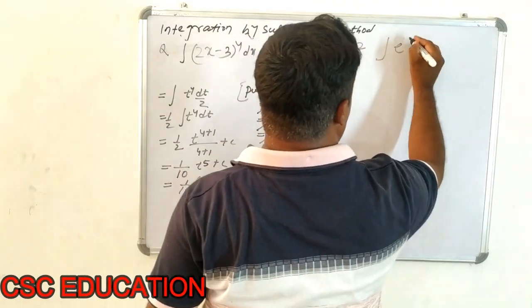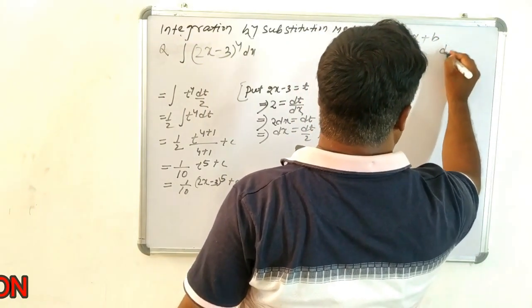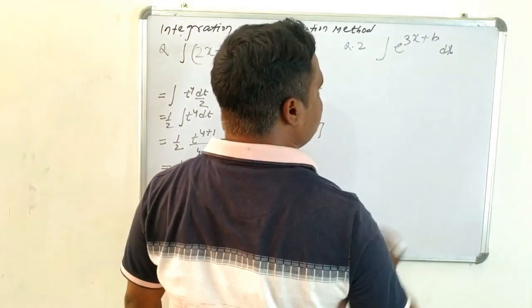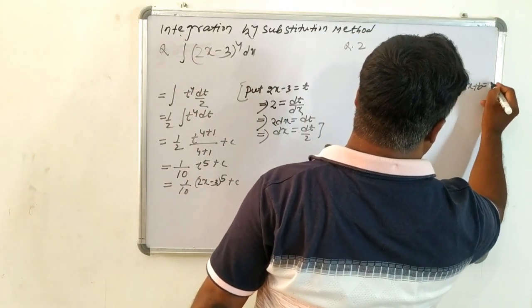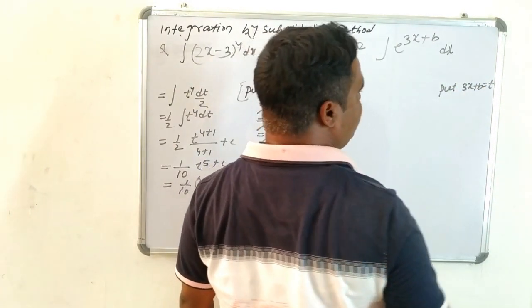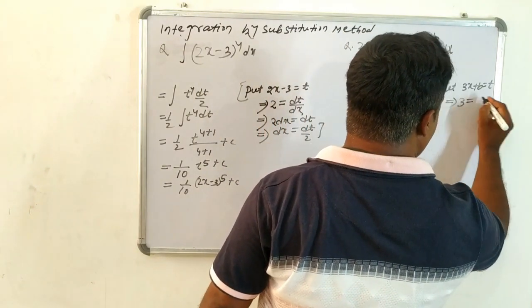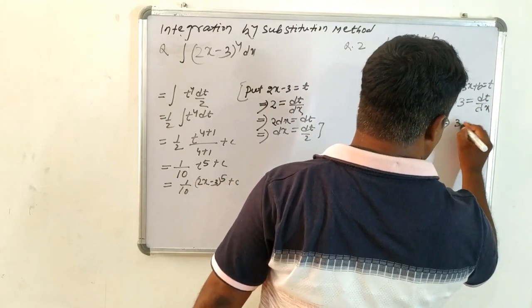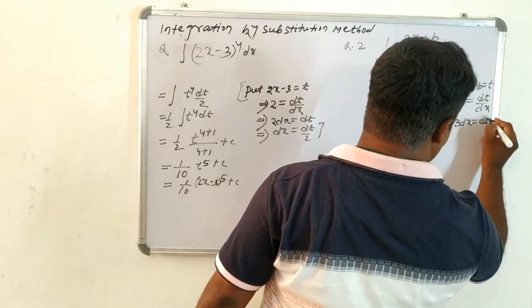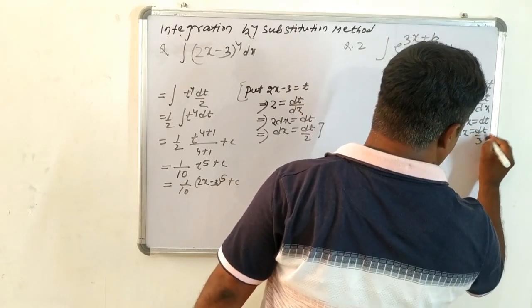The integration of e to the power 3x plus b dx. Now put 3x plus b equals t. t is a function of x. Now differentiating both sides with respect to x, we get 3 equals dt by dx. This implies 3 dx equals dt, so dx equals dt by 3.